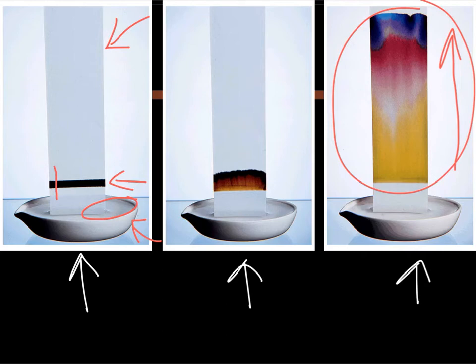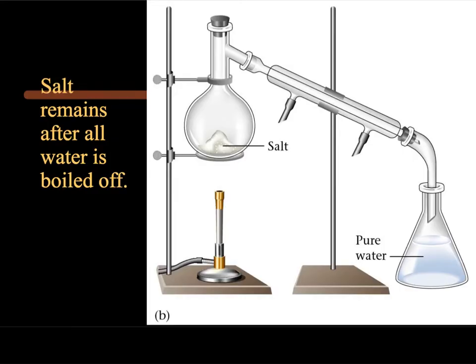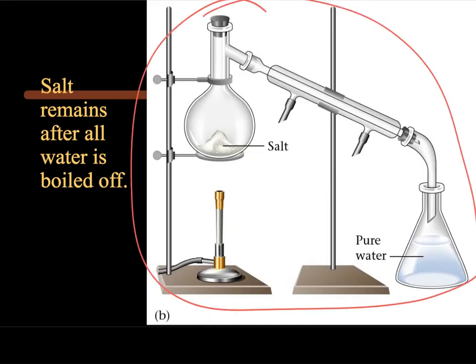All right, now let's talk about distillation. Here is distillation, and this is what the apparatus looks like, the setup. In this flask here is salt water. What we're going to do is separate the salt and the water. This is one way we can purify water.